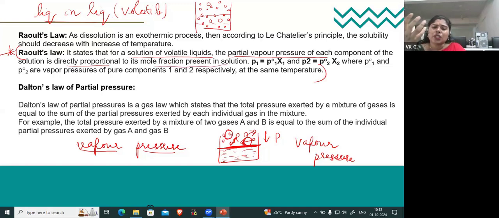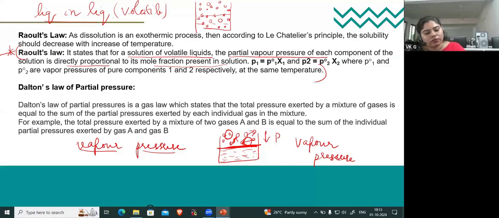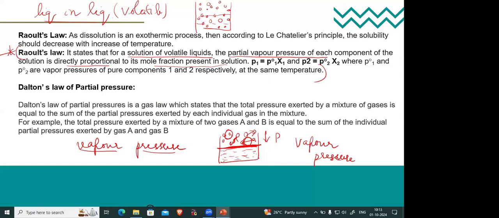That is, how much amount of acetone is present in the solution, the same amount of gaseous particles will be present on the top of it, or vapor pressure will be also so much only.